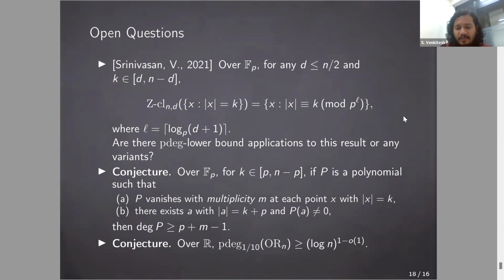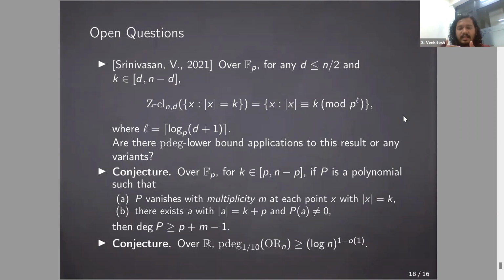So this is probably the only concrete statement that we have as a conjecture, which is, over F_p, again, for any k between p and n minus p, if capital P is a polynomial that vanishes with multiplicity m, which means the polynomial vanishes and all its derivatives of order up to m minus 1 also vanish at each point with Hamming weight k on the kth layer, and if there is some point on the (k plus p)th layer at which P does not vanish, so the non-vanishing is simple, there are no multiplicities involved.